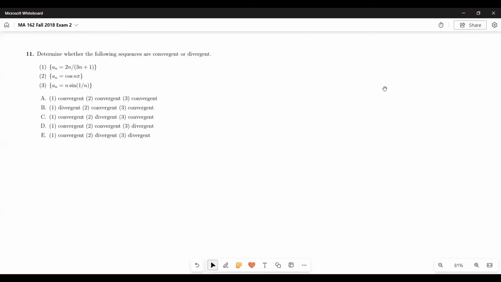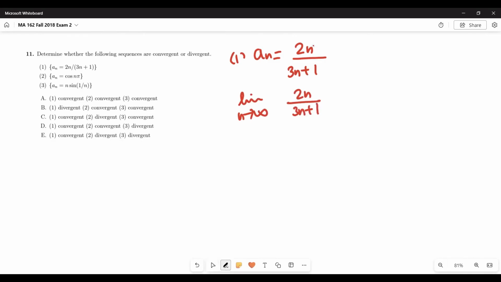Okay, so this question asks to determine which of the following sequences are convergent or divergent. Let's look at option 1. a_n is equal to 2n over 3n plus 1. If the limit as n goes to infinity of 2n over 3n plus 1, this 1 will be so small that it's not important in the calculation.